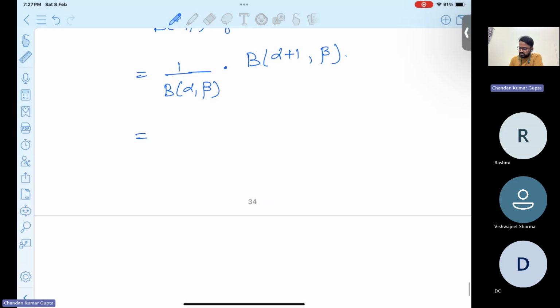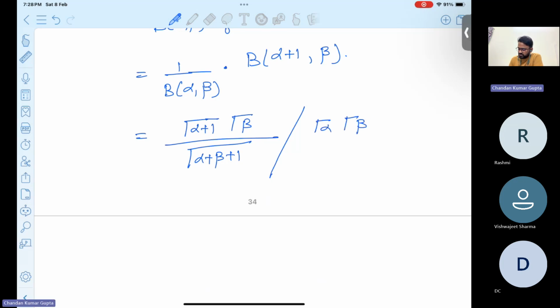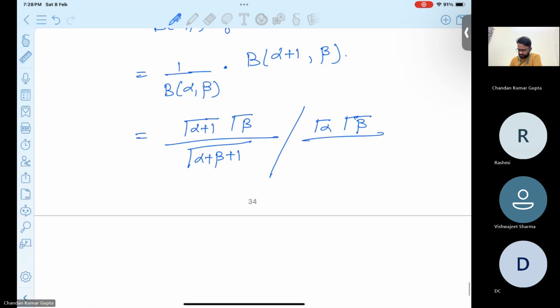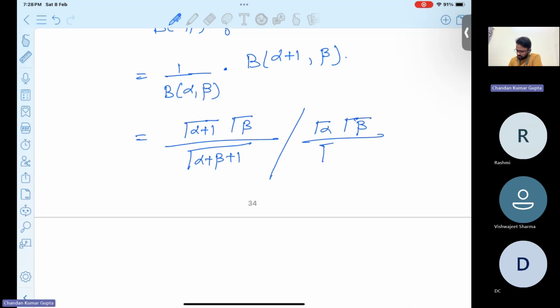So solving this, beta of alpha plus 1, beta will be gamma of alpha plus 1, gamma of beta, divided by gamma of alpha plus 1 plus beta, or alpha plus beta plus 1. And this is divided by gamma of alpha, gamma of beta, divided by gamma of alpha plus beta.